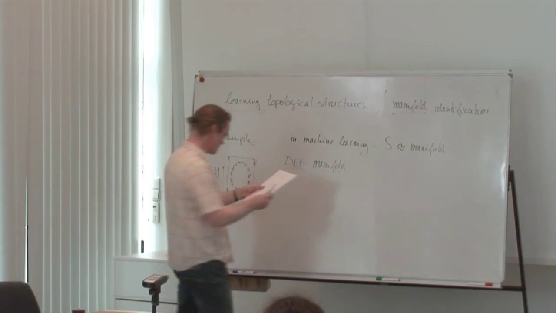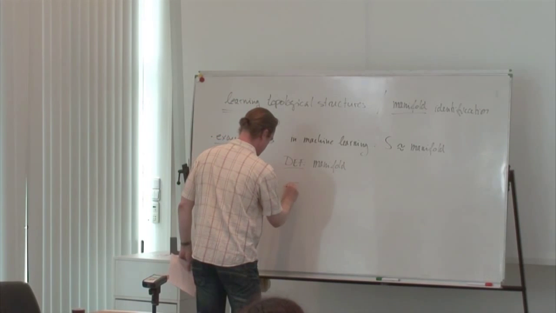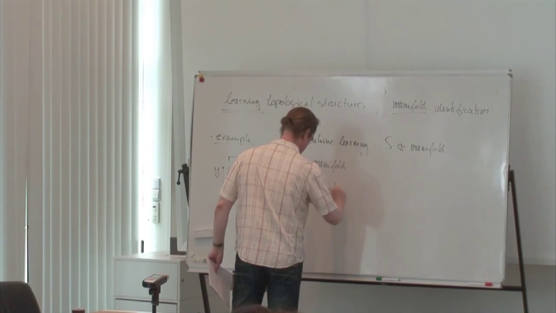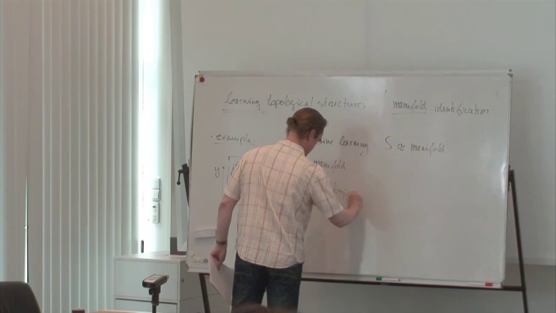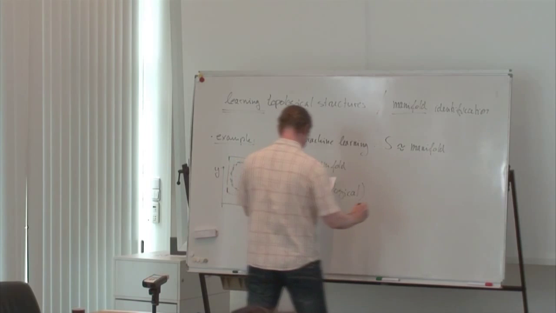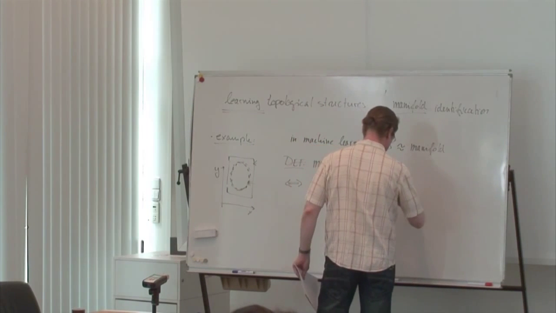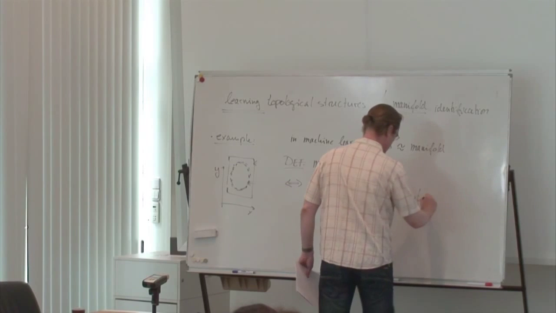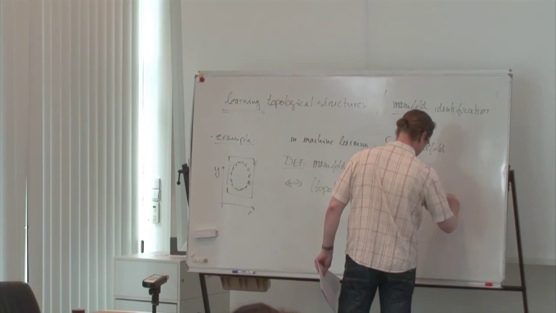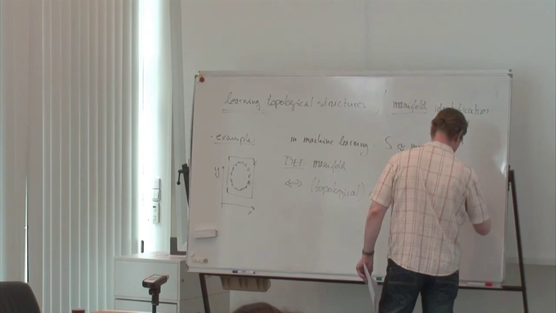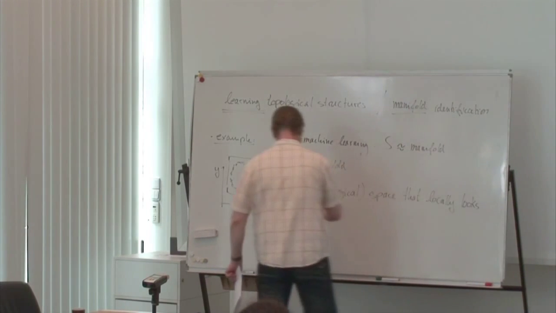Okay? So a manifold is said to be a topological space that locally looks Euclidean.